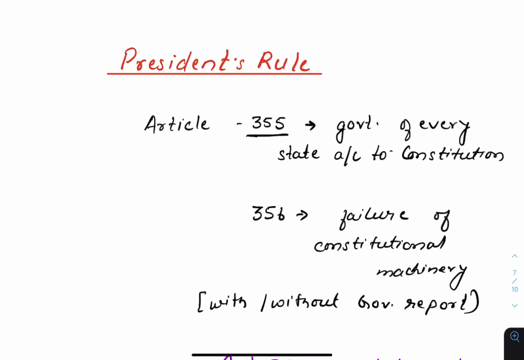Second type of emergency is President's rule. When there is a breakdown of constitutional machinery in the state, President's rule is declared. Article 355 says that it is the duty of the center to see that the government of every state is run according to the constitution, and when the state fails to do so, then President's rule can be declared.